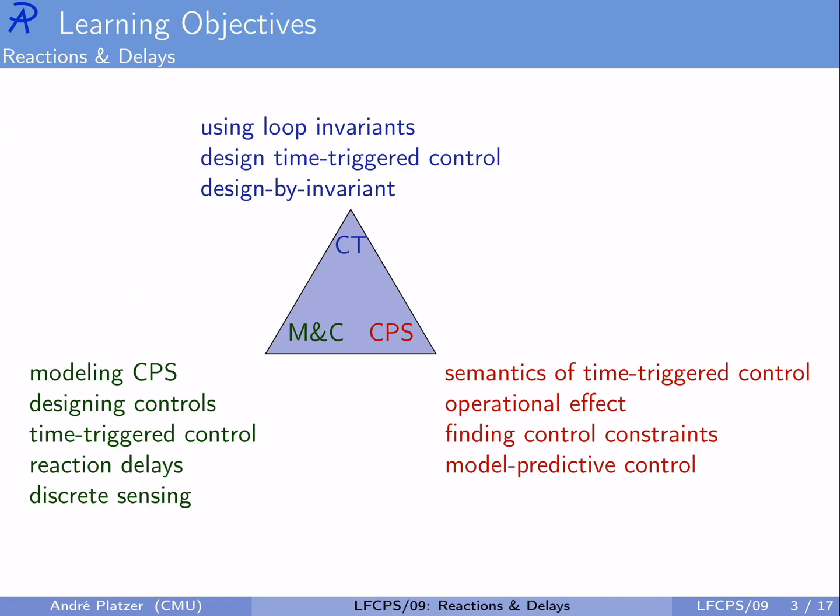On the CPS skills side, we will look at the precise semantics of time-triggered control, which maybe isn't so hard to understand, but it does give us important lessons for the intuition about their operational effects. We'll also learn how to find control constraints, which is absolutely fundamentally important in time-triggered systems, and we will study certain aspects of higher-level model predictive control principles.